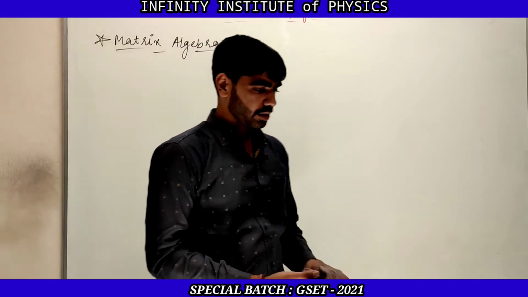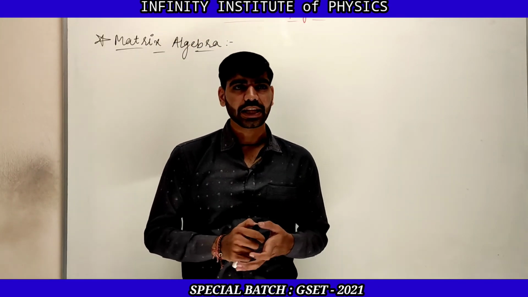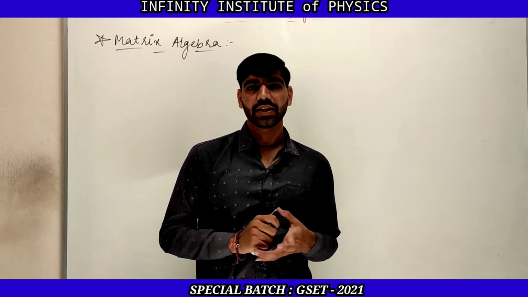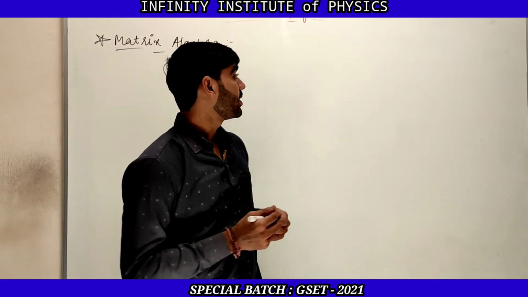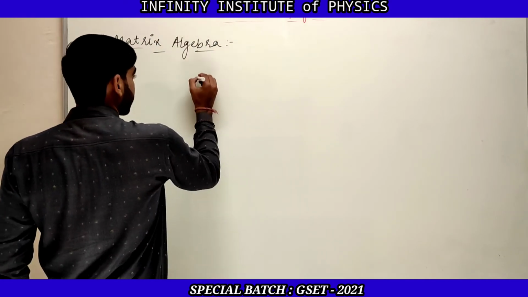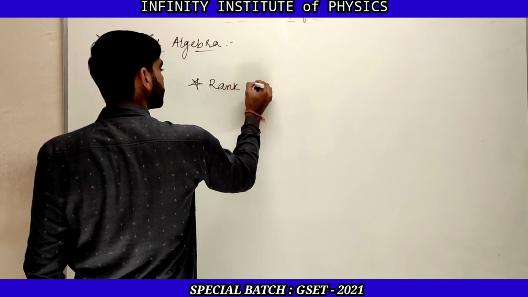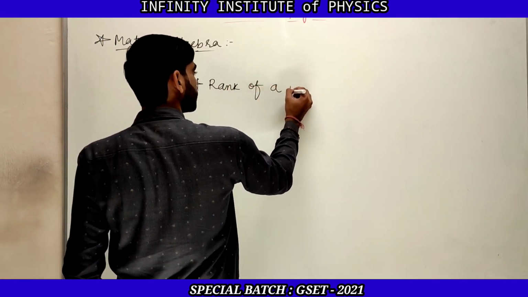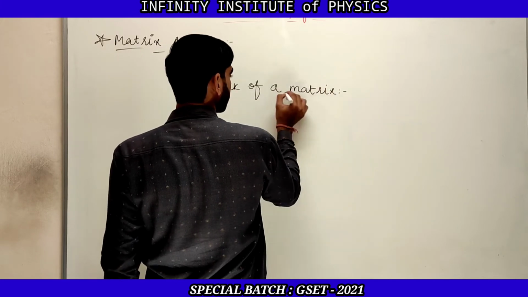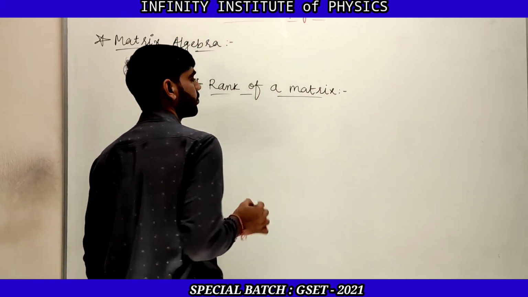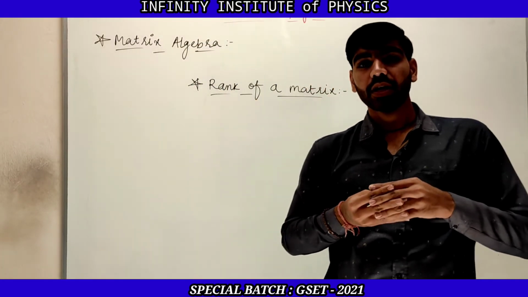Now the next topic is something I think you might have seen questions related to as well, and that topic is rank of a matrix. Rank of matrix means what?